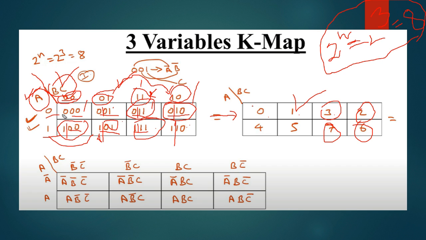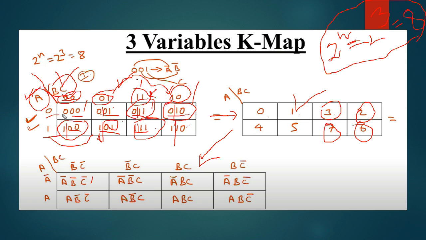Now that we have talked about the binary and the decimal values, next up we can represent it in terms of A, B and their complements as well. As you can see, this cell holds the value of A bar, B bar, C bar. Why is that? Previously this cell had a value of A 0, B 0, C 0.